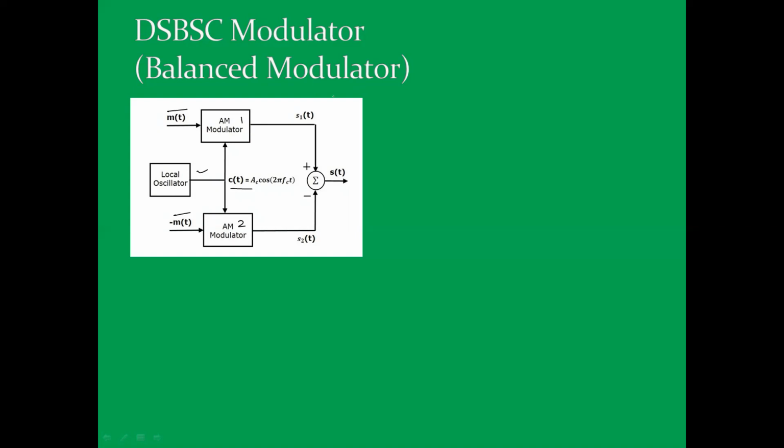So s1(t) is the output of AM modulator 1, and s2(t) is the output of AM modulator 2, and s(t) is the summation of s1(t) and s2(t).